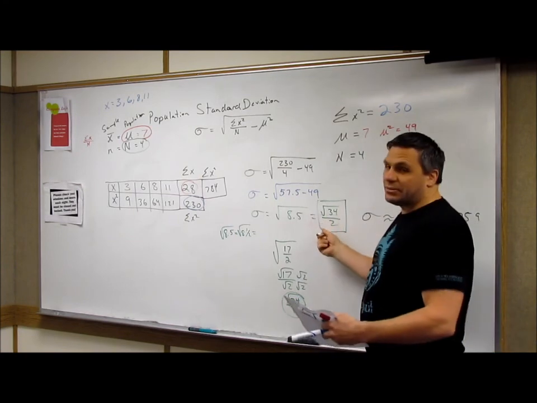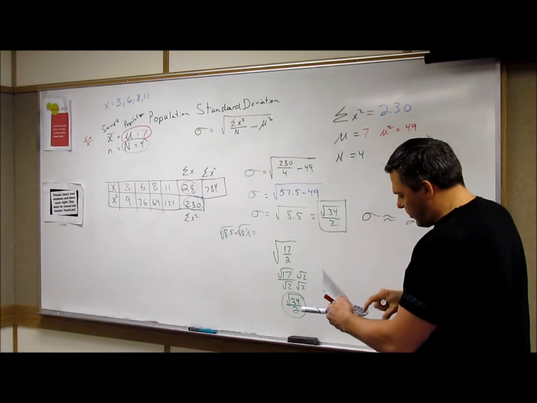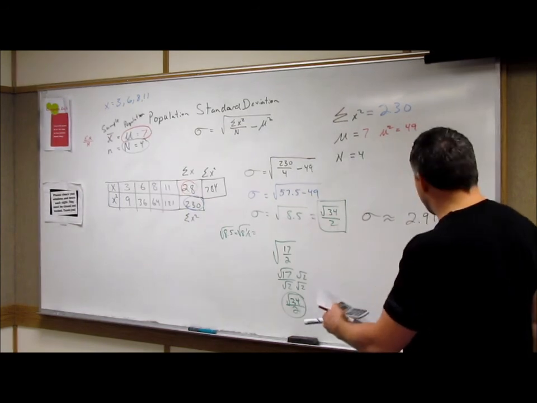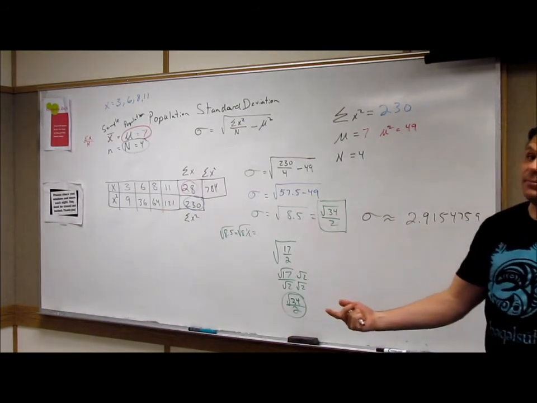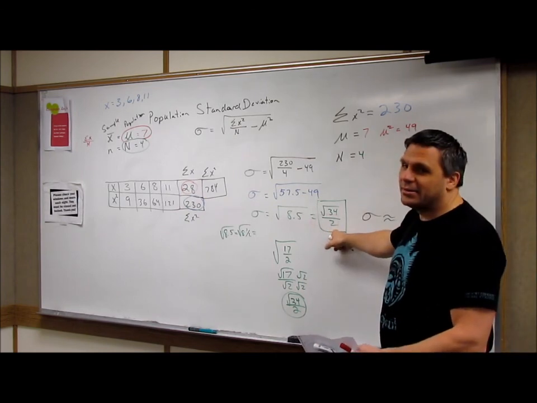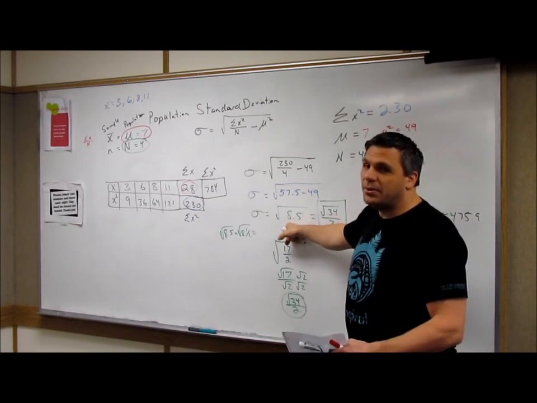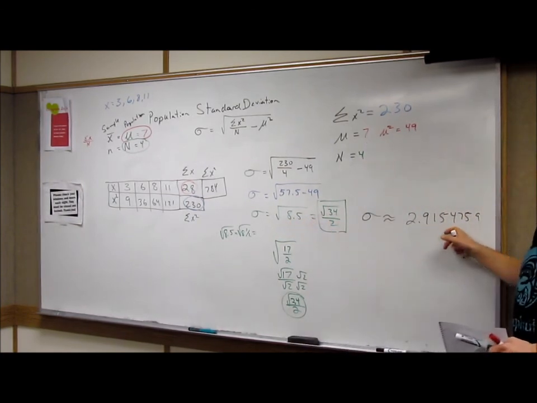Let's see if I did this right. Double check yourself: is the square root of 8.5 the same thing? Oh, it is. So I did my math right. Whether I put this in my calculator or this in my calculator, I get this.